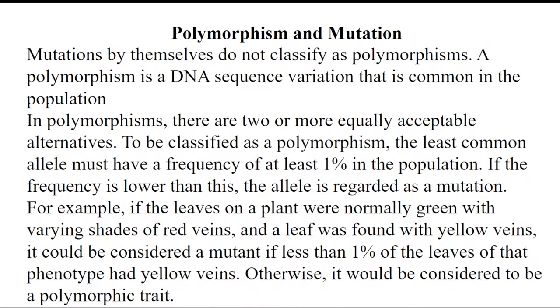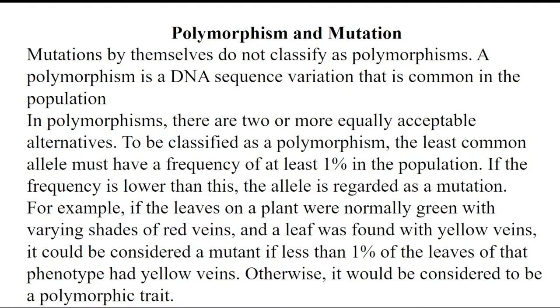So the reason of genetic polymorphism is population. A polymorphism is a DNA sequence variation which is common in the population. In polymorphism, there are two or more equally acceptable alternatives. To be classified as a polymorphism, the least common allele must have a frequency of at least 1% in the population.